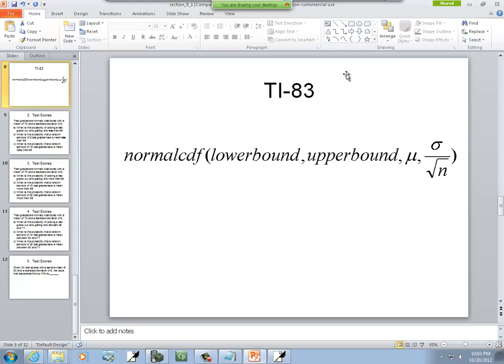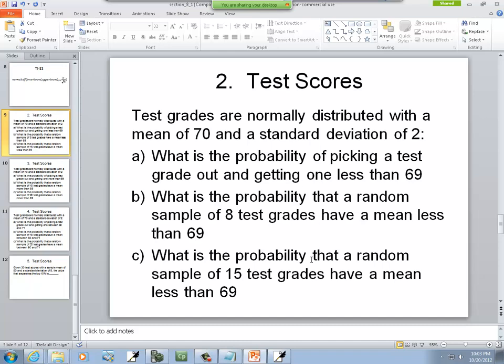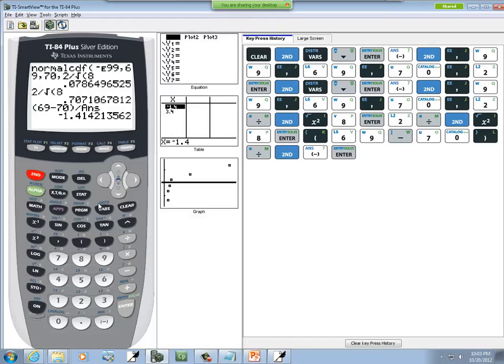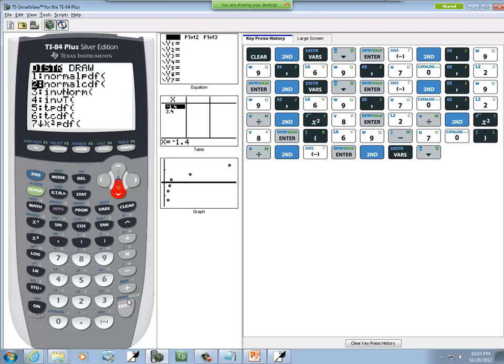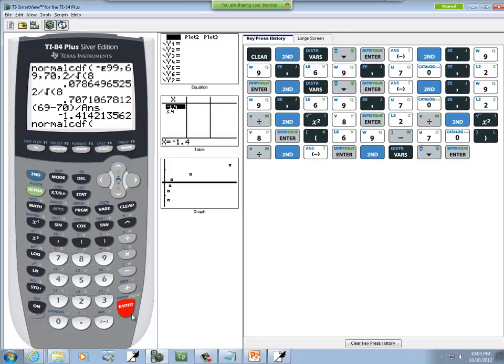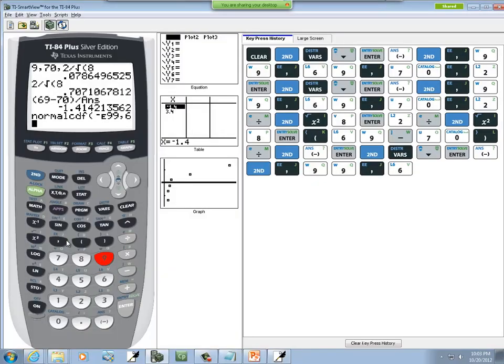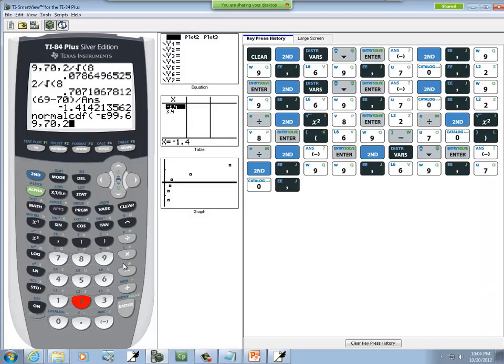Now again, you use this formula right here when you've got more than one. In this case, I'm taking a look at 15 test grades and averaging them. So let's see what that gives us. Second vars, choose normal CDF, negative E99, comma, 69, comma, 70, comma, 2 divided by square root of 15.